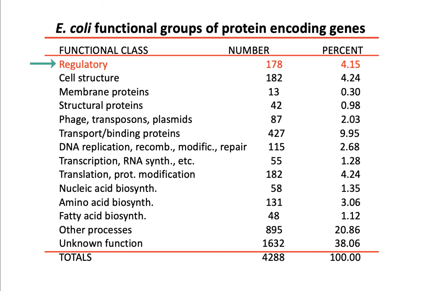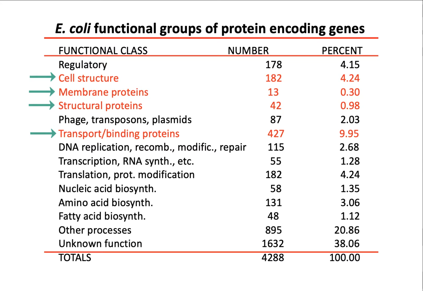About 16% of the genome consists of genes that produce proteins necessary for cell structure: membrane proteins, structural proteins, and transport and binding proteins. So these are really forming the structure and the communication within the cell and from within the cell to outside of the cell.